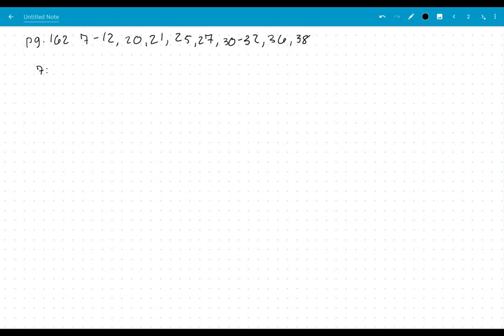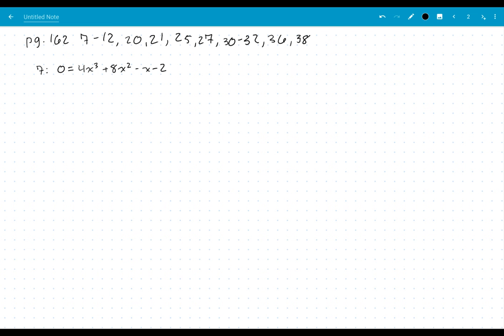The question says 0 is equal to 4x cubed plus 8x squared minus x minus 2. All right, so we can start off by writing out all of the possible rational roots.